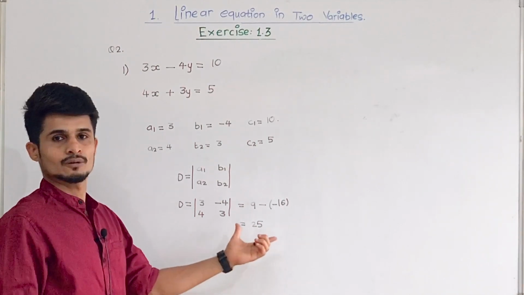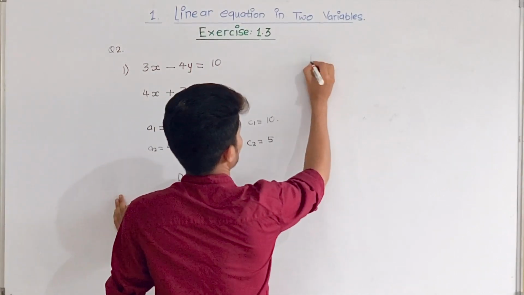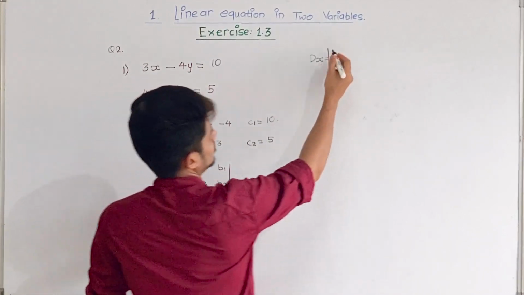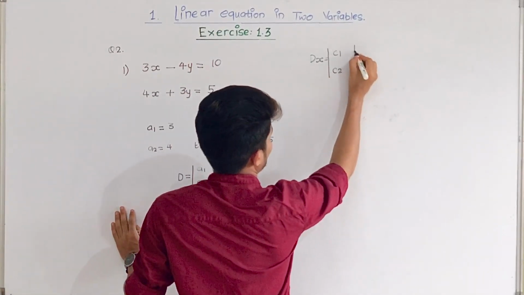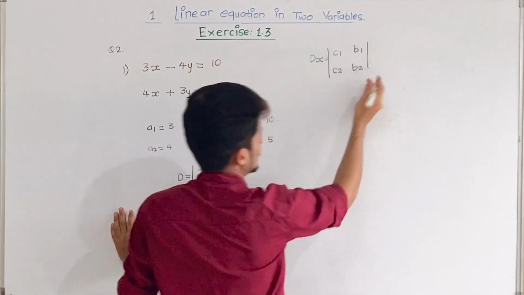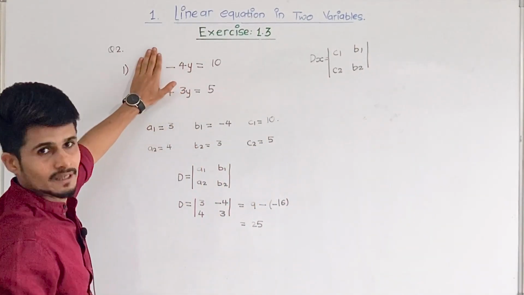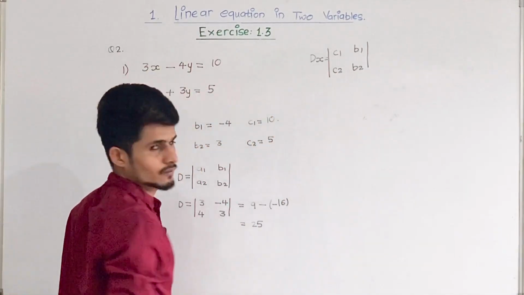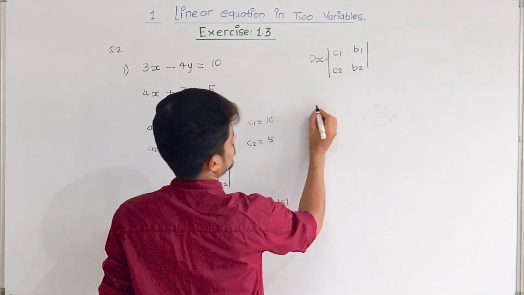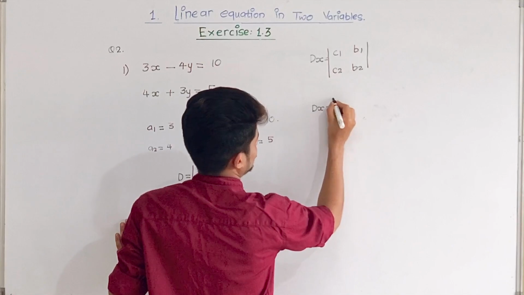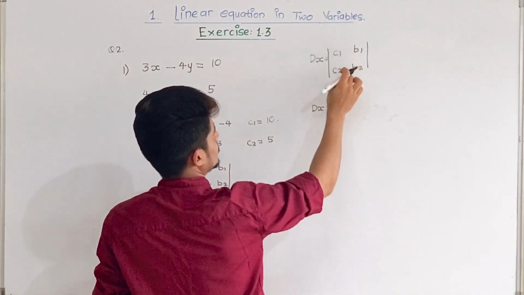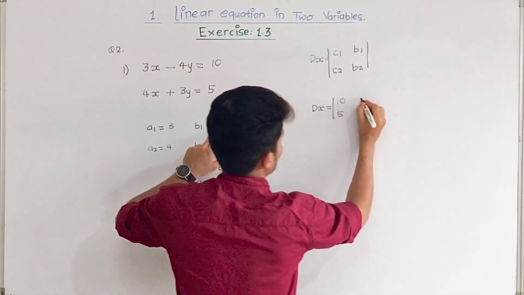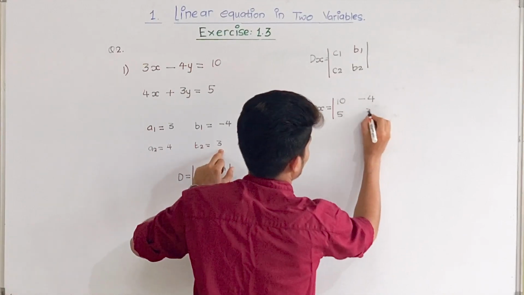Now we will find the value of determinant of x, that is d of x. So in the d of x, the numbers will be c1, c2, b1, b2. We just have to omit the numbers of x variable, that is a1, a2 will not be there in the determinant of x. So we'll substitute the values, that is c1, c2 are 10 and 5, b1, b2 is minus 4, 3.